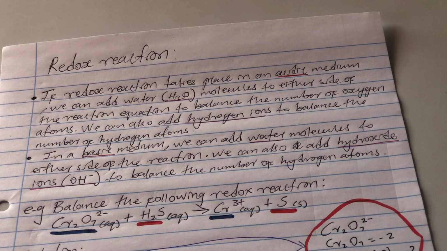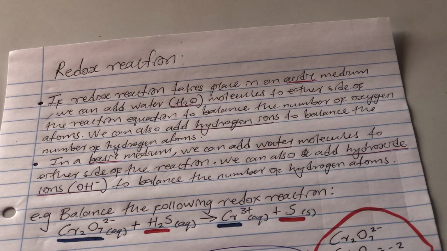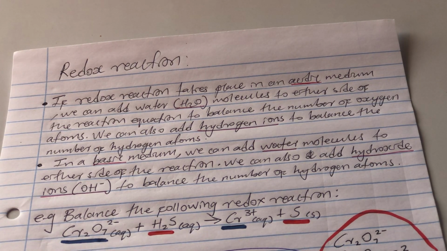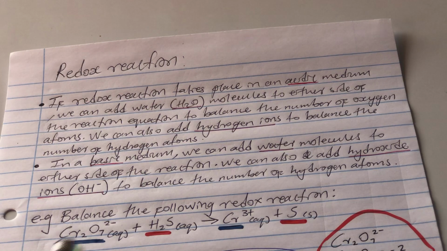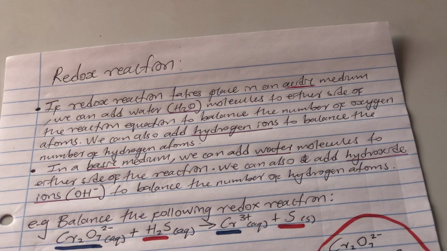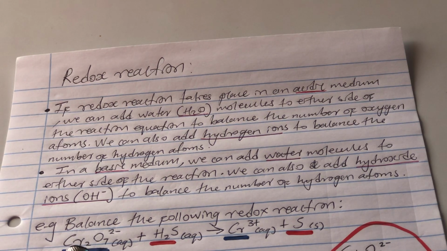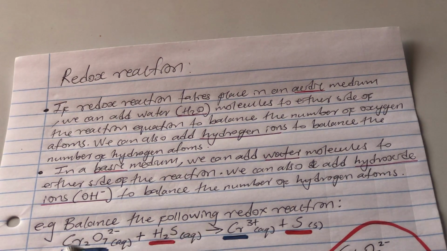So I've made things easier for us. You can see that I've made some marks there, the blue color and the red color. So let's look at the blue mark here.